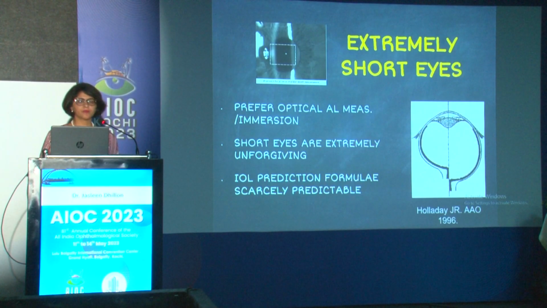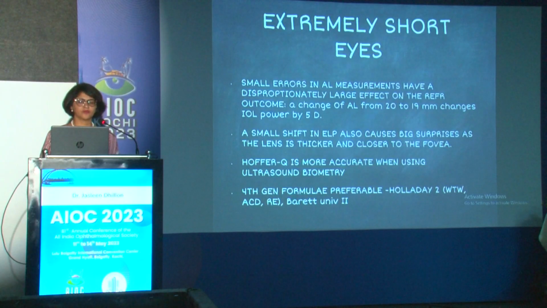And something to remember is that the short eyes are very unforgiving. So a very small error is going to be magnified into a very off-the-mark IOL power. For instance, a change of axial length from 20 to 19 millimeters would change the IOL power by 5 diopters.